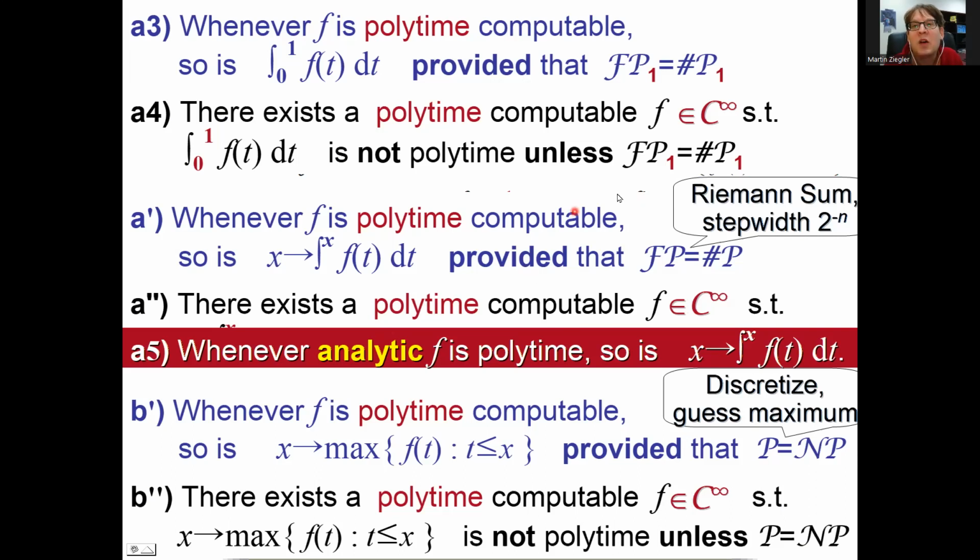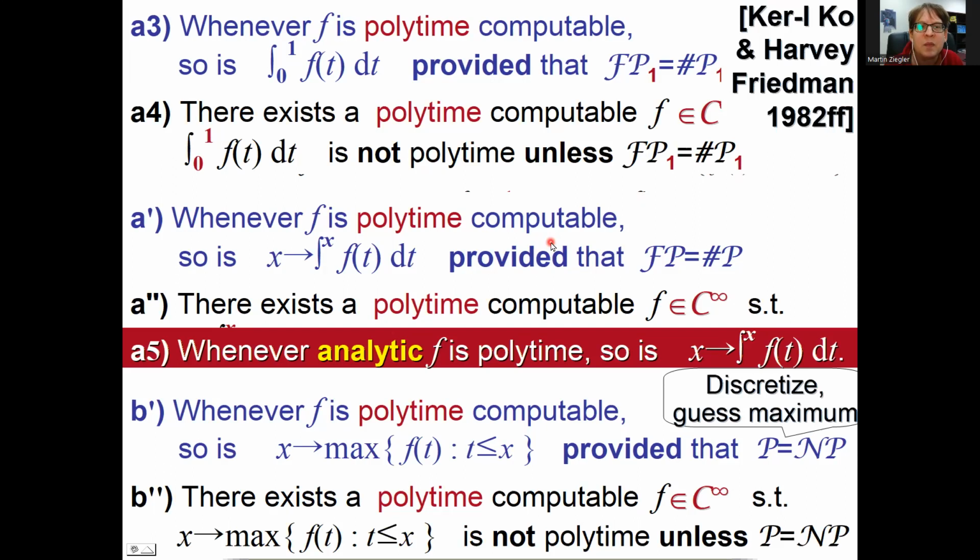Then all these operators are hard in this weak sense. So we never speak about how the input f is input and how the integral, which is again a function, gets output, but we fix that whenever f is polynomial time computable, then this other function is again polynomial time computable or not. That's the weak complexity setting of these operators.